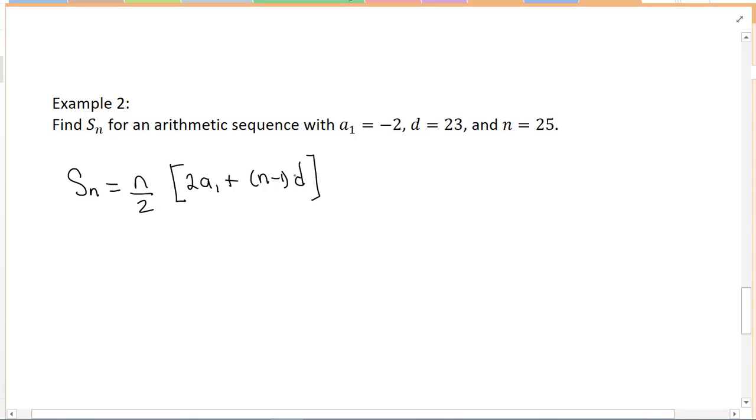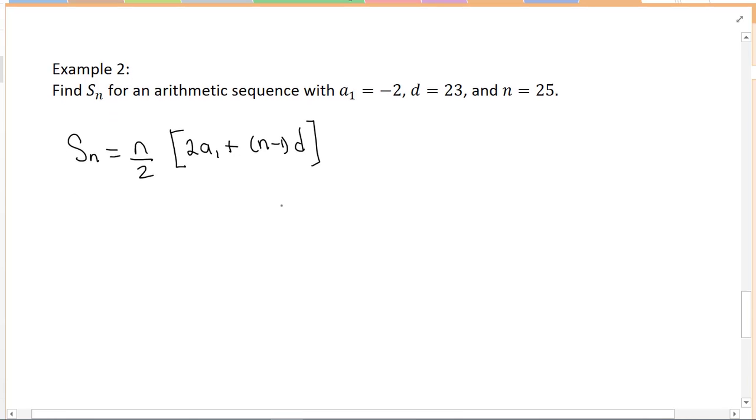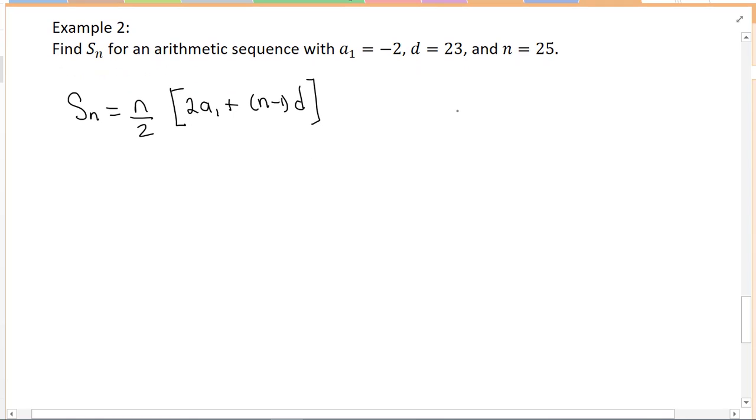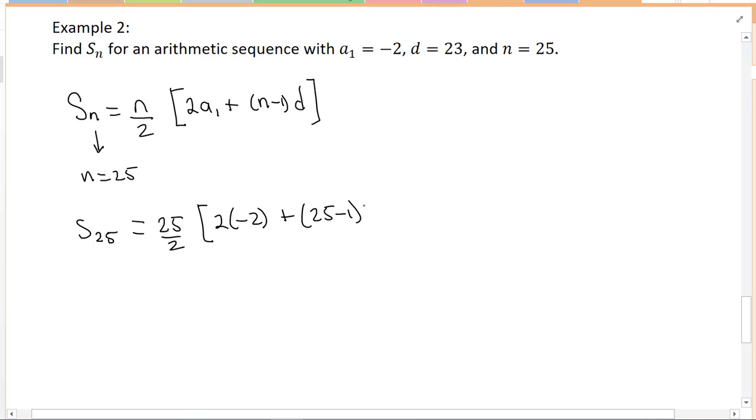So we really only use the other one if we know the first term and the last term, because then we can just plug them in. So n is 25. So that means we're finding S25, the sum of the first 25 terms of this sequence. So I'm going to have 25 over 2 times 2a1. a1 is -2, so 2 times -2 plus n minus 1, so 25 minus 1 times d. d is 23.